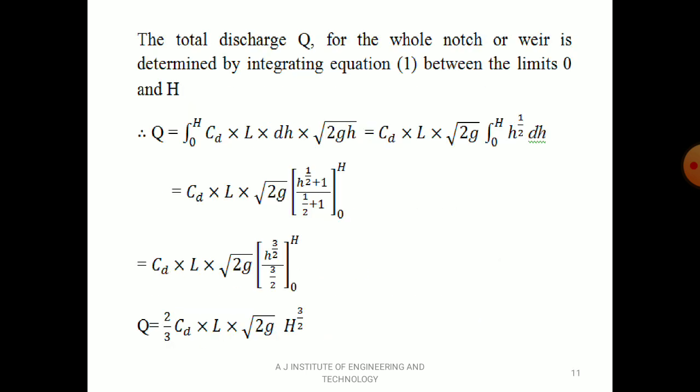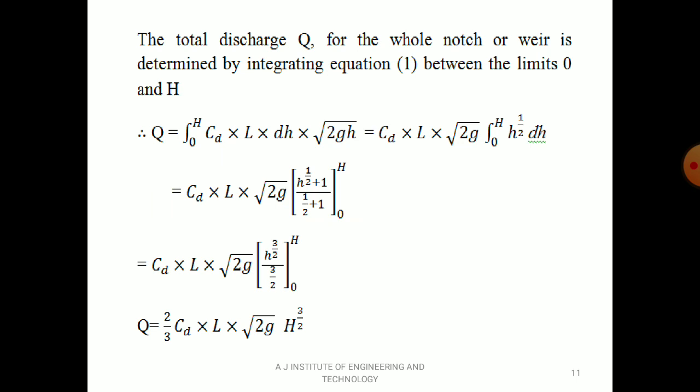So integrate the dQ expression between the limits 0 and H. So Q equals the integration from 0 to H of CD into L into dh into square root of 2gh, which is equal to CD into L into square root of 2g. We split the square root of 2gh, because the other term, the square root of 2g, is a constant, so we can take it out of the integration sign.